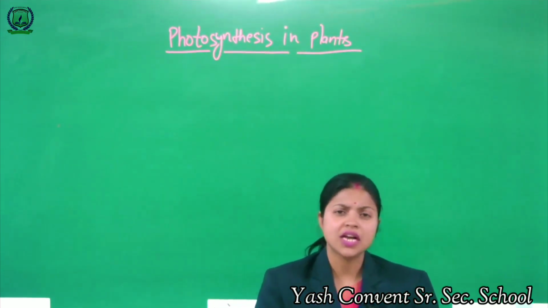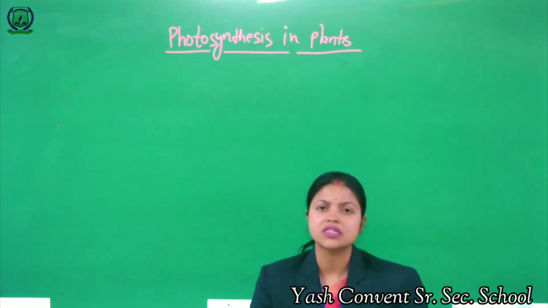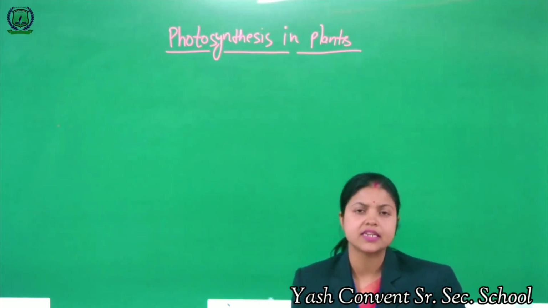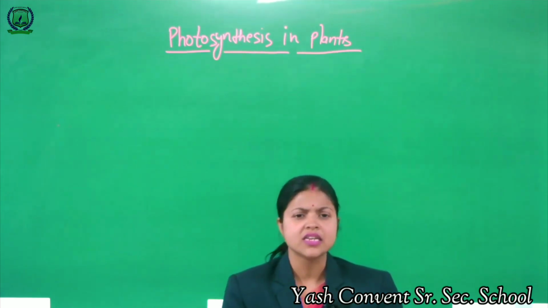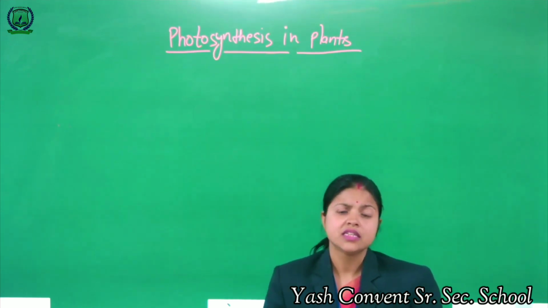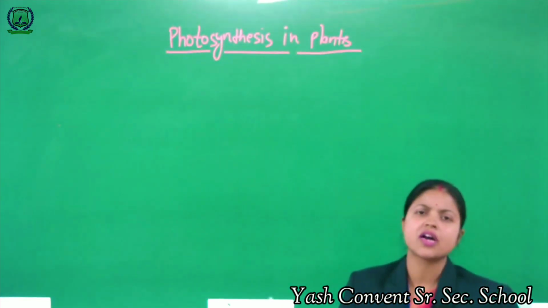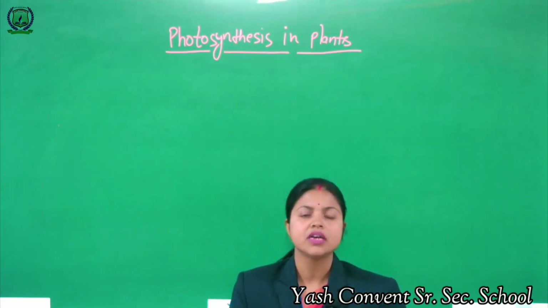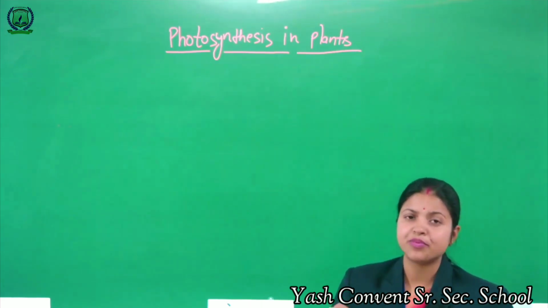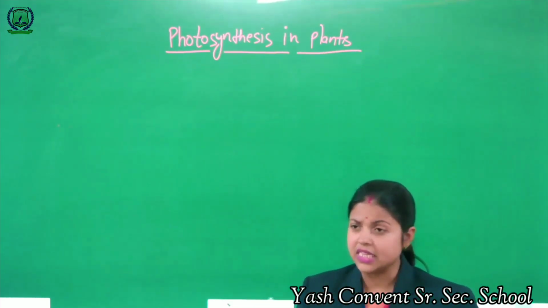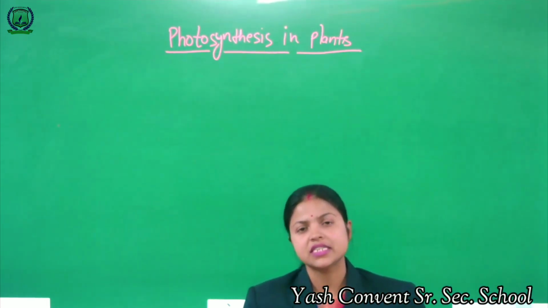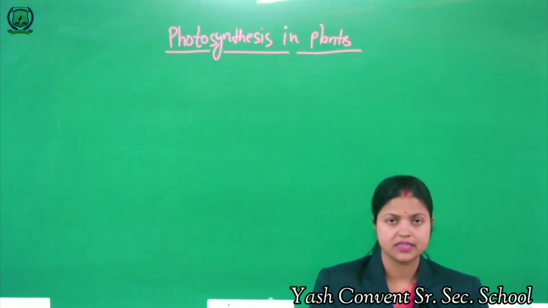Students, today I am going to teach you photosynthesis in higher plants. Up to standard 10, we have understood the basic concept of photosynthesis: plants absorb carbon dioxide from the environment and take water from the root, and in the presence of sunlight and chlorophyll they make glucose, C6H12O6, and 6 molecules of oxygen and energy.